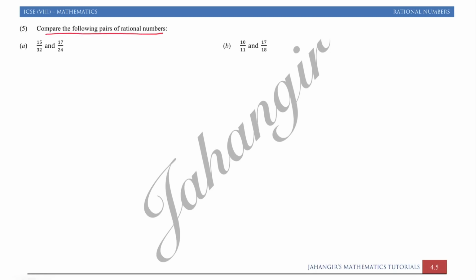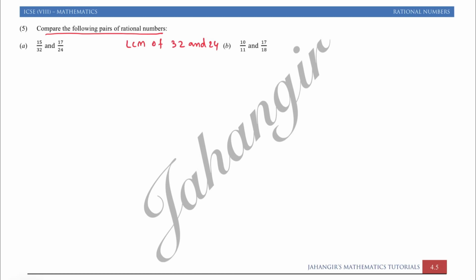Compare the following pairs of rational numbers. To compare rational numbers, first we have to make the denominators equal. If the denominators are equal, then you can compare using the numerators. So first we will take the LCM of 32 and 24.